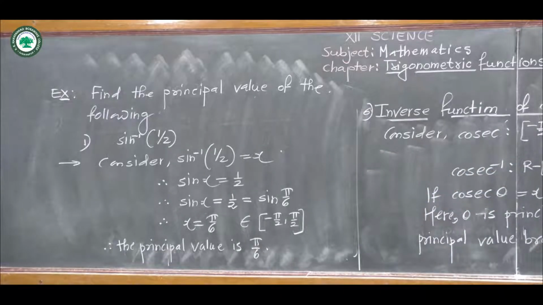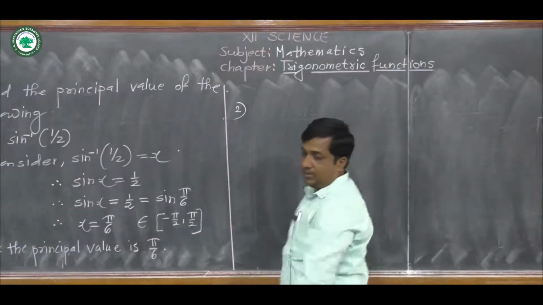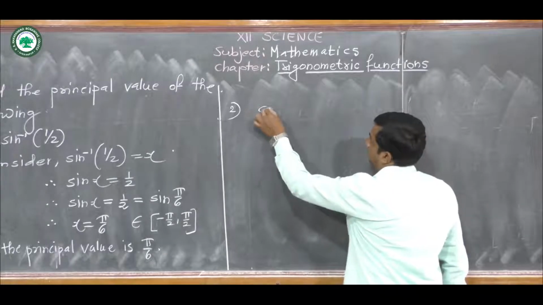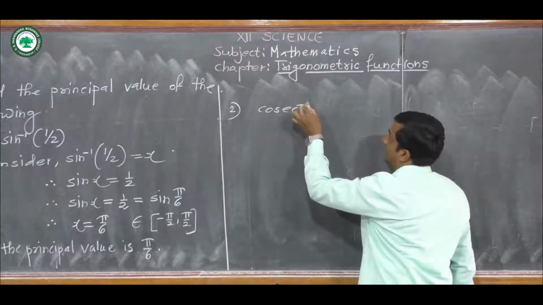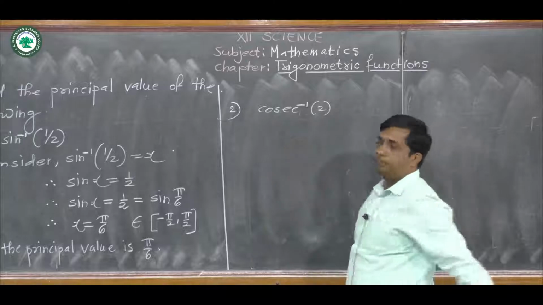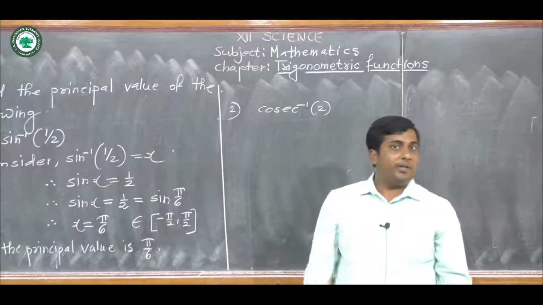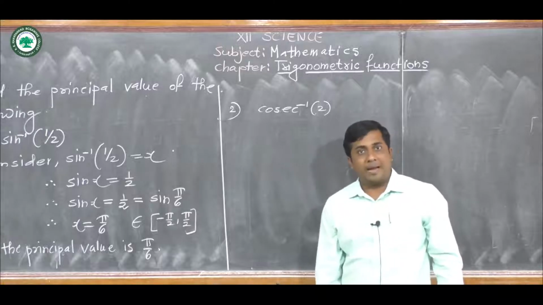Okay, let's go with our second example. In the second, we consider cosec inverse of 2. Again, we have to find the principal value which lies in the principal value branch.